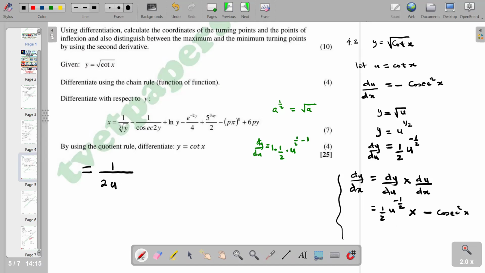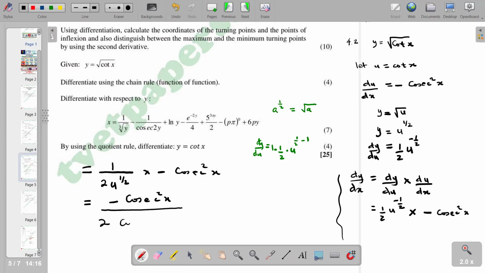When you shift it to the denominator, the sign of the power changes, so we changed the power to be positive, multiplied by negative cosec squared x. So this will be equal to negative cosec squared x all over 2, what's u?